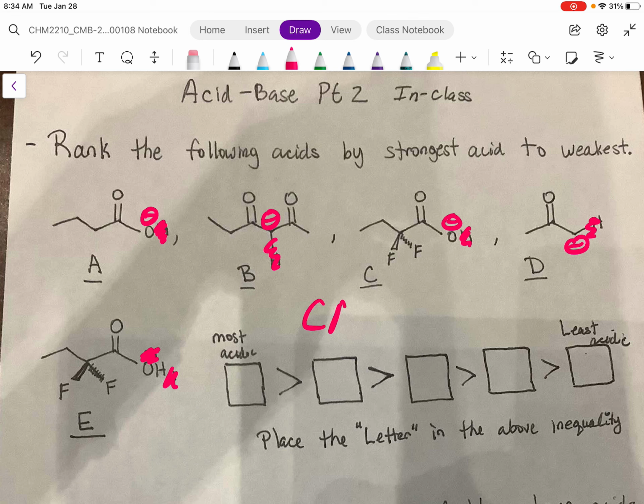Now, if we go through the cardinal rule, or you could use the Orgo rule, but I don't know how to use that. What are we supposed to do? When we look at those 5 conjugate bases, we see charge. We are looking at the stability of the conjugate bases.